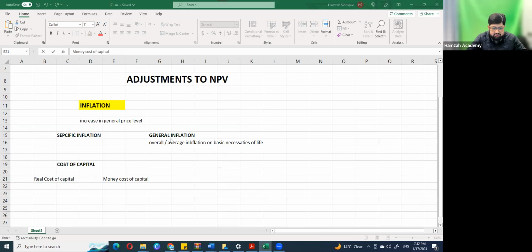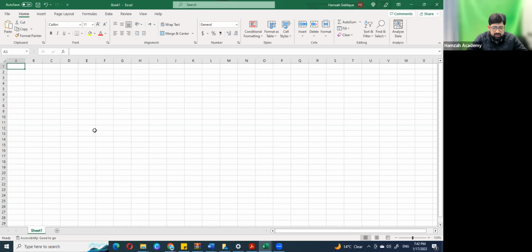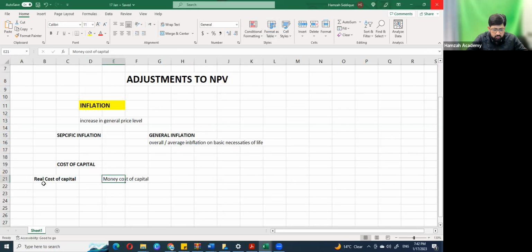So real cost of capital is that cost of capital which is without the impact of inflation, in which inflation has not been considered.